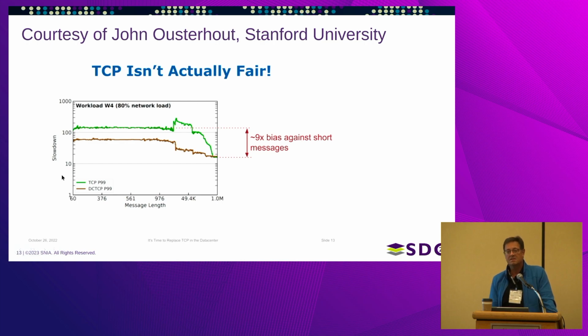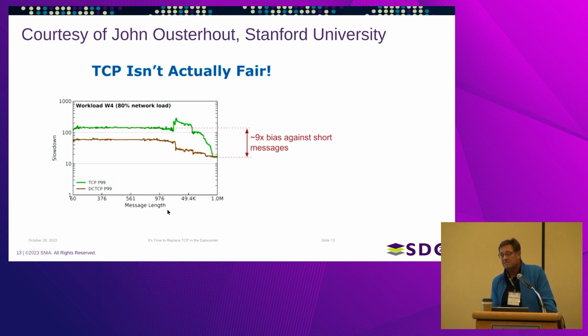That is the time it took on an unloaded network, just with an exclusive connection, versus the time it took over a loaded network. In this case, it's a generic workload according to some network benchmarks, and the network is 80% loaded. This simulation data was done with 100 gigabit Ethernet underneath, okay?